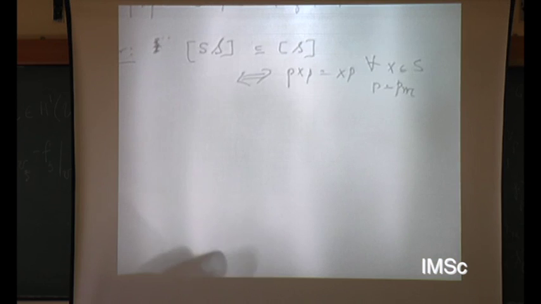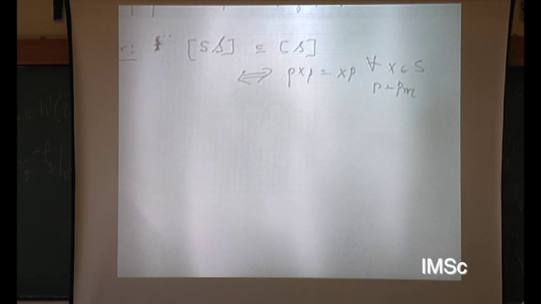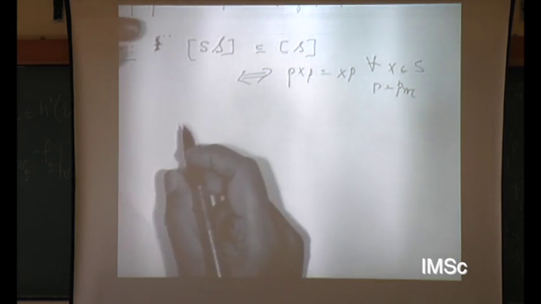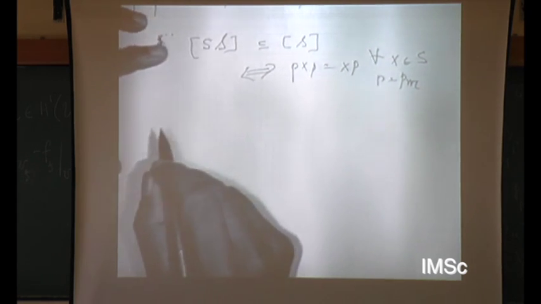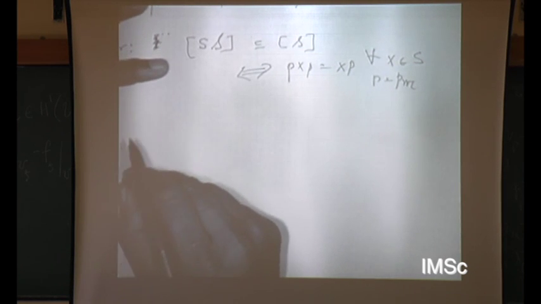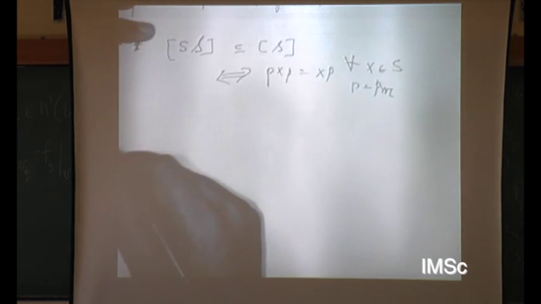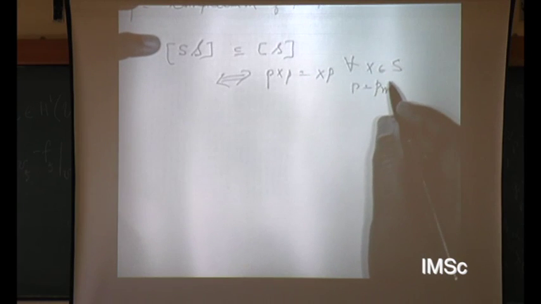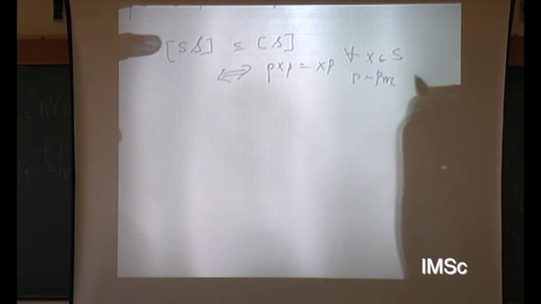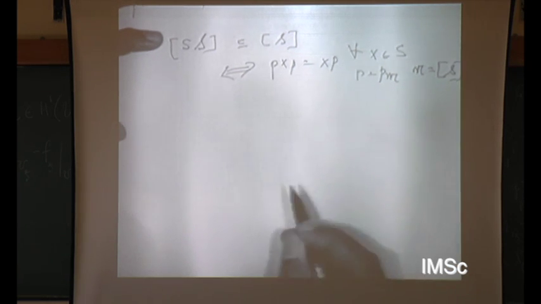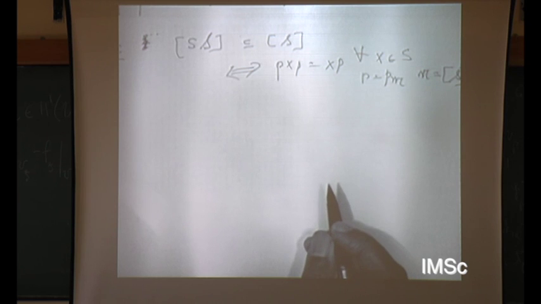Or in matrix language, you put all of them as matrices, and all of them will have the 1, 2 entry as 0. Small s is... sorry, M equals the span closure.